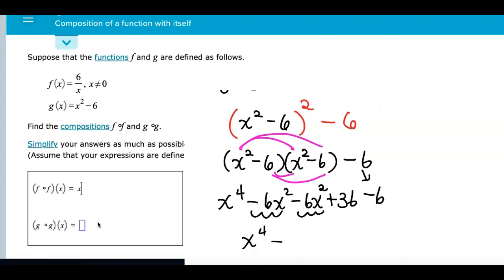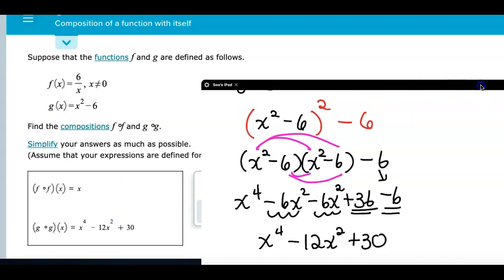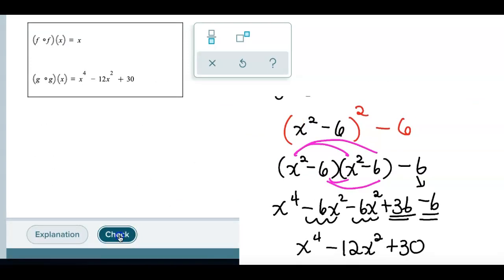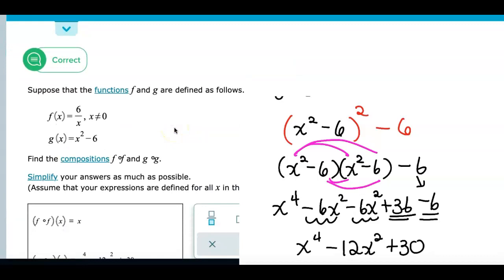Combining like terms gives x to the 4th power minus 12x squared, and combining the numbers, I will get plus 30. So g of g of x is x to the 4th power minus 12x squared plus 30. The idea of a function going into itself makes a complicated looking expression, and our job is to simplify this. But if you can write that expression, we can focus on simplifying.